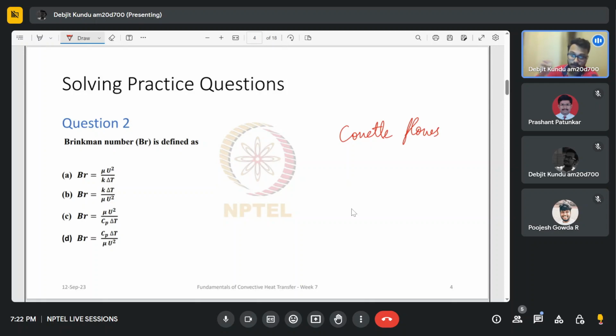Is it option A, Brinkman number Br equal to mu u square by k delta T? Is it option B, Br equal to k delta T over mu u square? Is it option C, mu u square over Cp into delta T? Or is it option D, Br equal to Cp delta T divided by mu into u square?